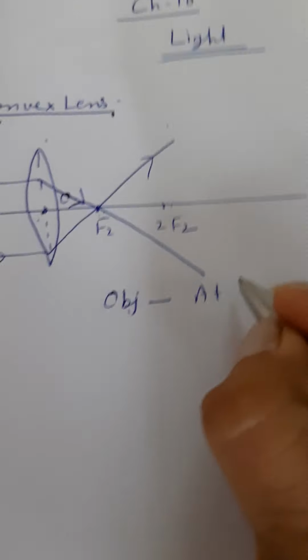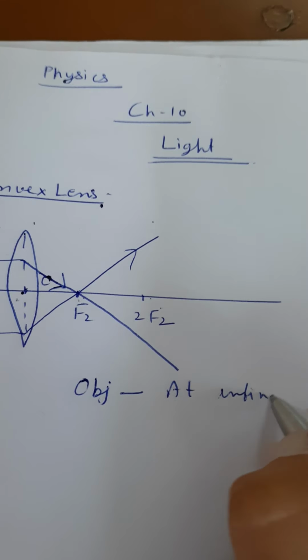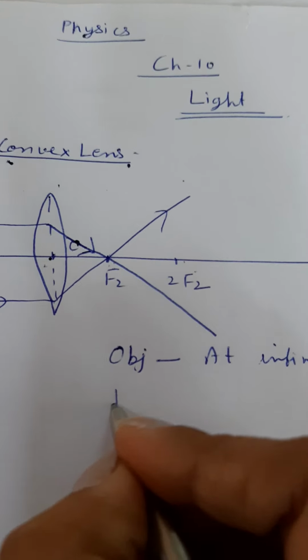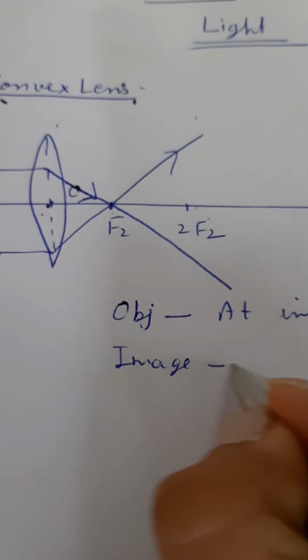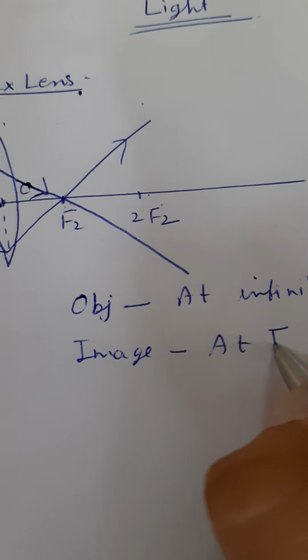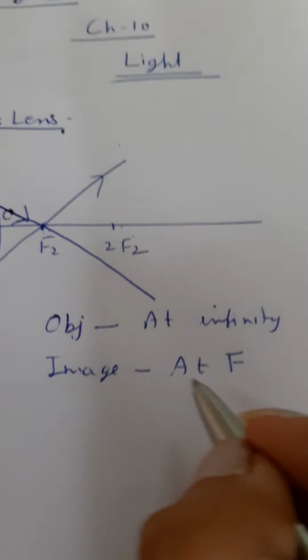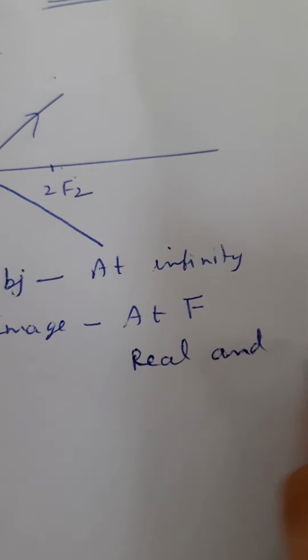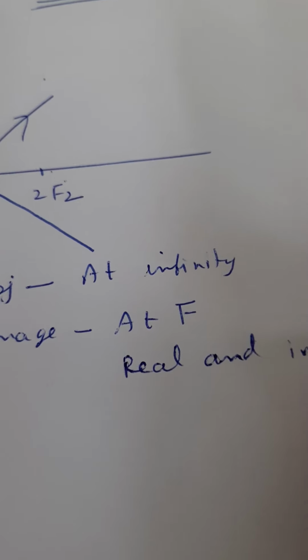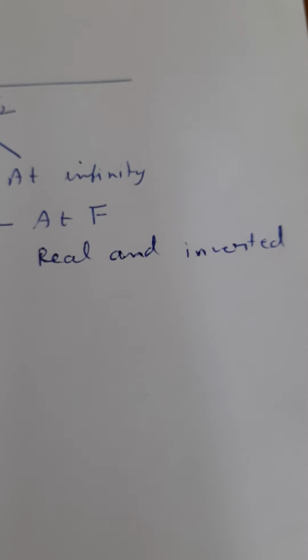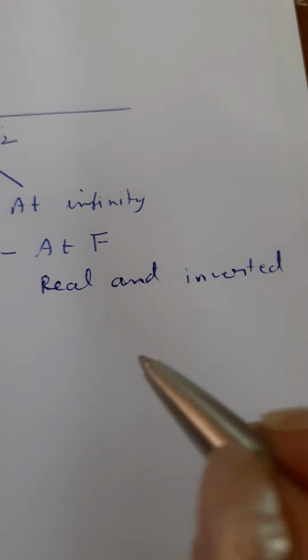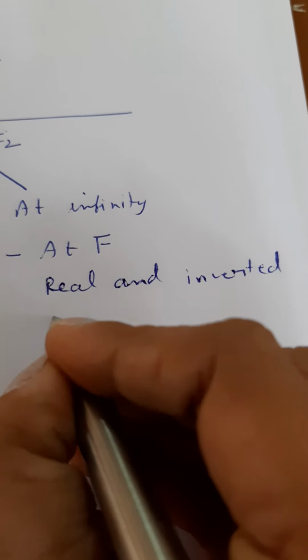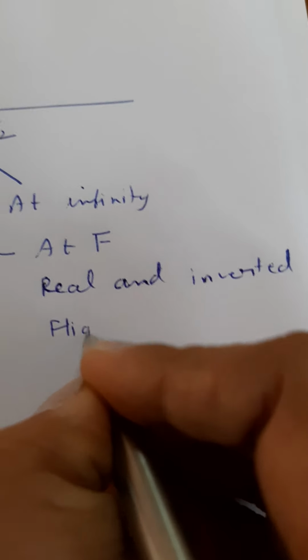When the position of the object is at infinity, we are getting the image at F. The image is real, as the rays are meeting in real, and inverted, and second thing, this image will be diminished, or you can say highly diminished.